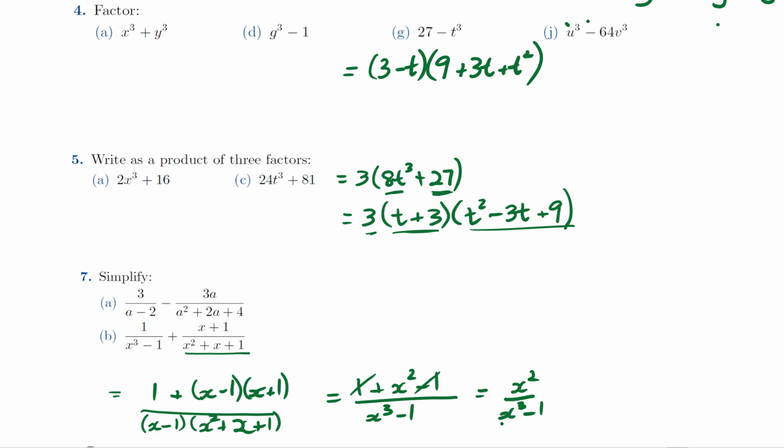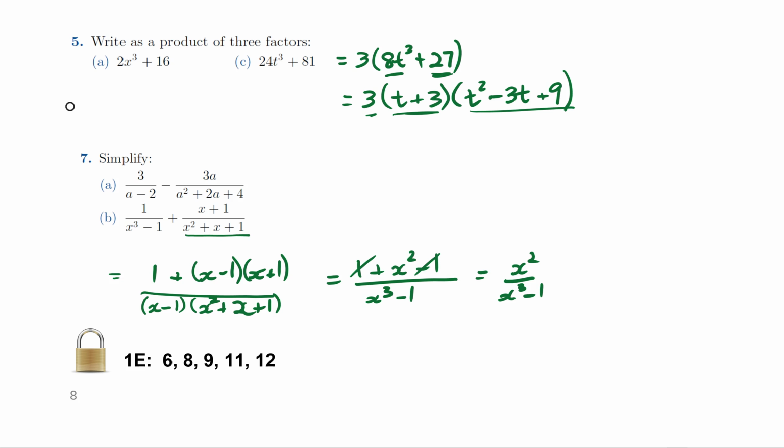We can only cancel things which are multiplied. So if they are separated by a plus or a minus sign, whether it's on the top or the bottom, no cancelling, please. So again, think about what it is that you need to know and commit to memory for this one, and have a go at 1E.